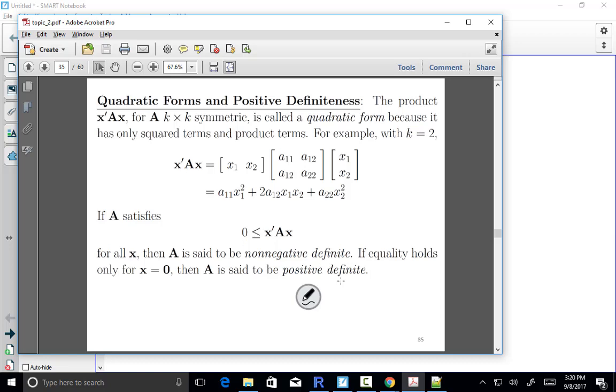So it's kind of like A is a scaling matrix, typically a covariance matrix or an inverse of it, that will always give sensible distances. They won't equal 0 and they won't be negative.